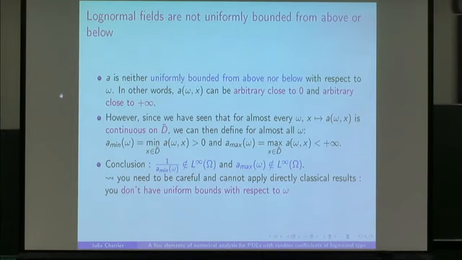So what does it mean? It means that you have to be careful when you're doing numerical analysis, because you can see this equation as a set of classical deterministic PDEs parameterized by some parameter omega.